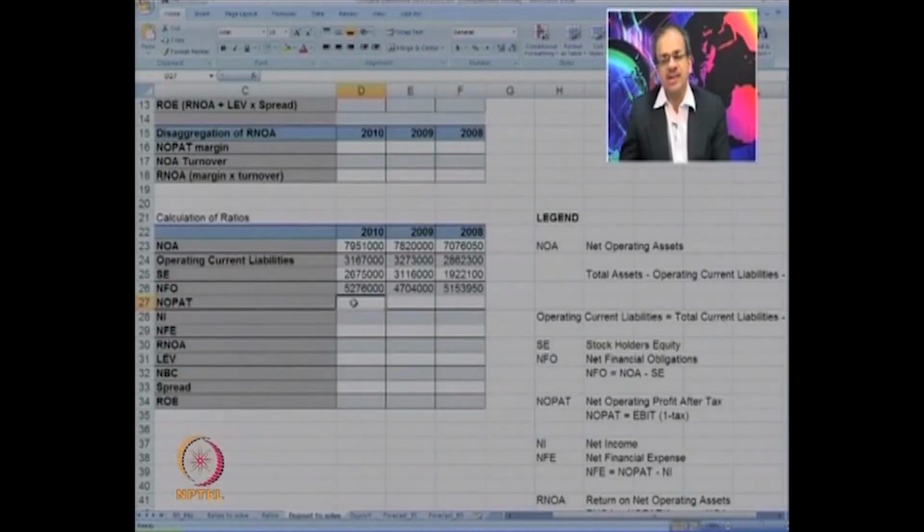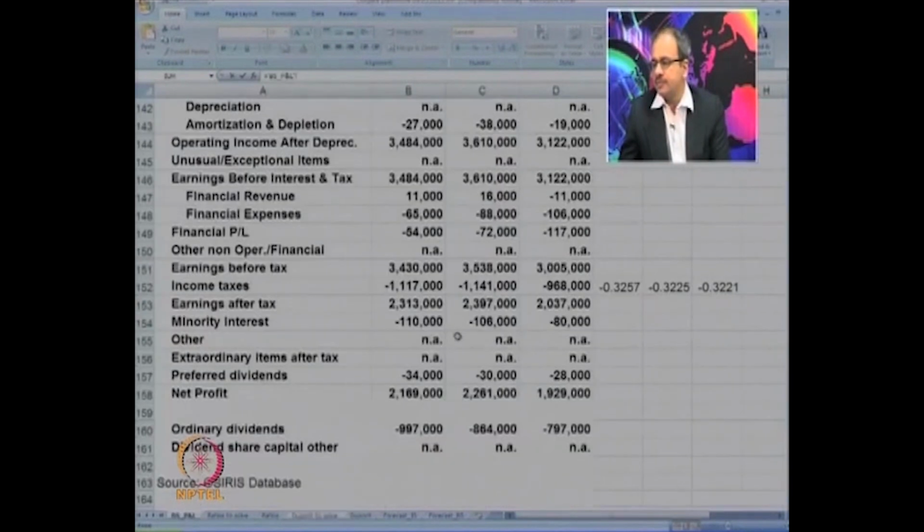Now, for calculating NOPAT, we need to know EBIT and we will multiply it by 1 minus tax rate. So, EBIT is earning before interest and tax.